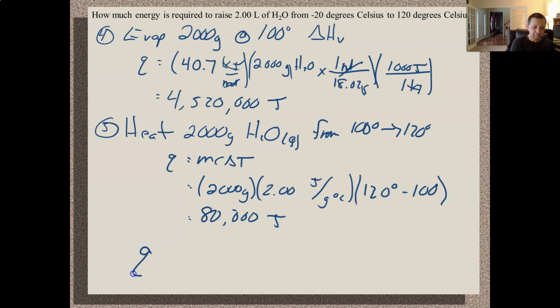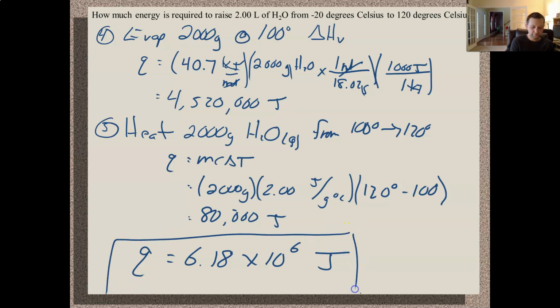If you add them all up, your Q value is equal to, I'll put it in scientific notation, 6.18 times 10 to the 6th joules of energy. Quite the process here. Now I could have given you an example where it was like two steps. That maybe would have been a little bit nicer. But now we know how to do the longest type of problem that you'll have to do with this process.